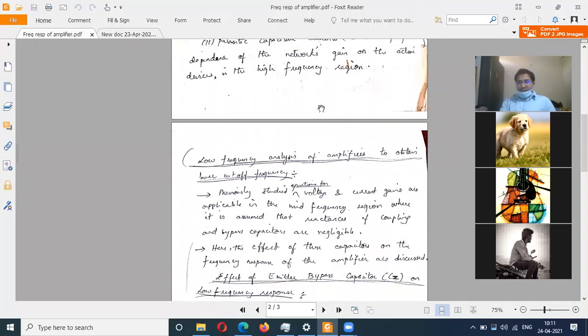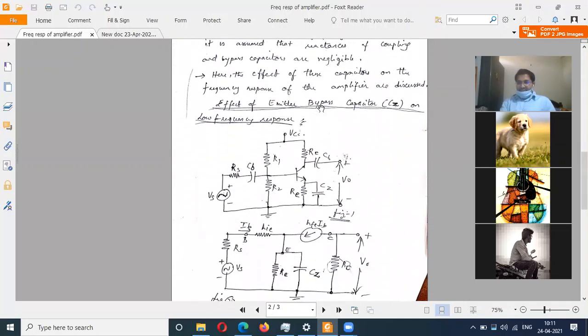At low frequency, the analysis method is the same. Given the circuit, we go for the AC equivalent. In the earlier case we were doing general analysis, meaning mid frequency, and we took capacitors as short circuits. Here we cannot.